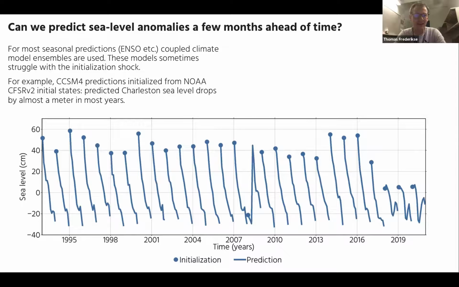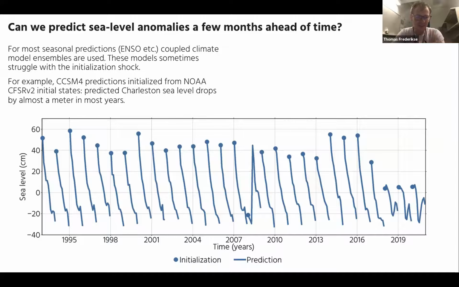We start with a coupled climate model that's initialized with present-day initial conditions, and then it's run forward. Here you see an example: this is the CCSM model, CCM4, run by Ben Kirtman at the University of Miami and NOAA.